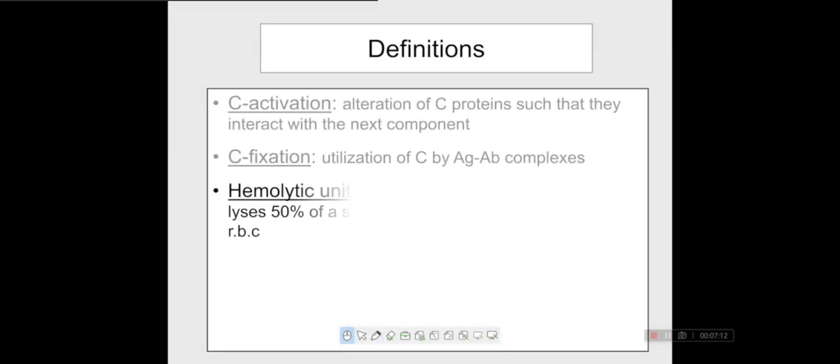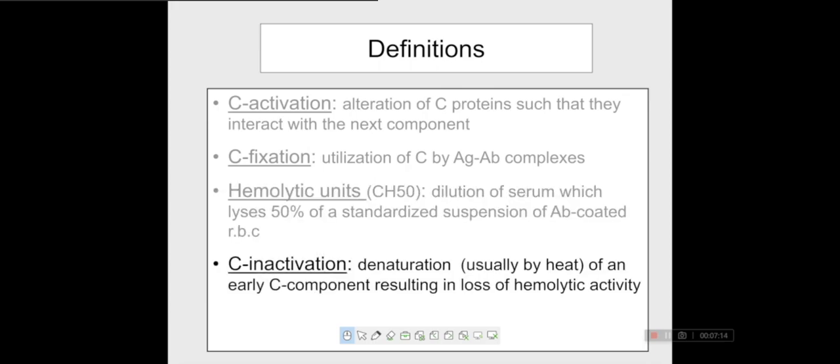Now, what is the definition of the complement, and what is the activation of C proteins? C activation is an alteration of C proteins such that they interact with the next component.